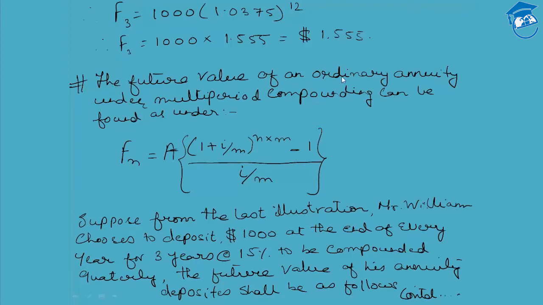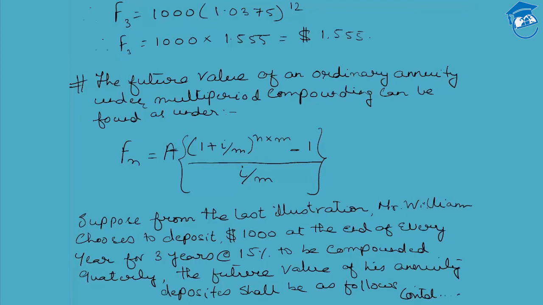So the future value of an ordinary annuity under the multi-period compounding can be found as under: Fn is equal to, again, A stands for the annuity amount, within curly brackets, within small bracket, 1 plus I upon m raised to the power n into m minus 1, curly brackets close, whole upon I upon m. So this formula, a careful look shall reveal that almost the entire formula is identical to the one which we use for calculating the future value of an ordinary annuity.